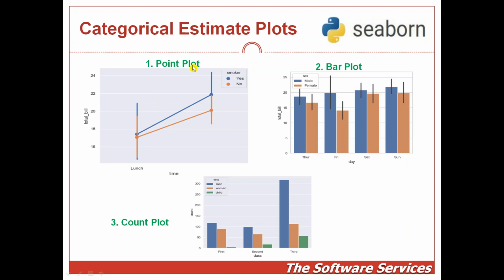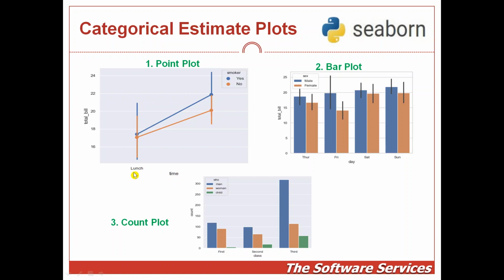So the point plot is the plot which tells the variation from the given categorical variable to the numerical variable. Let us suppose we take in our data set time, lunch or dinner or something like that.